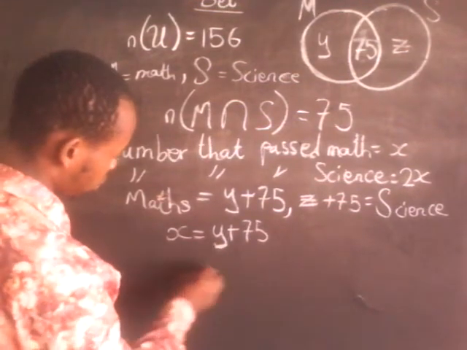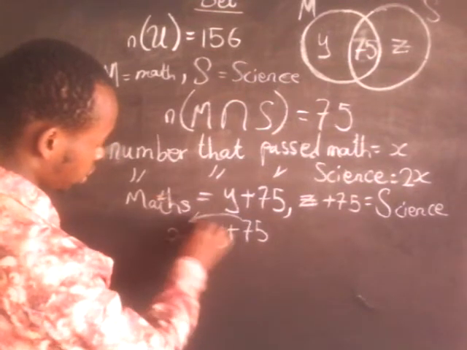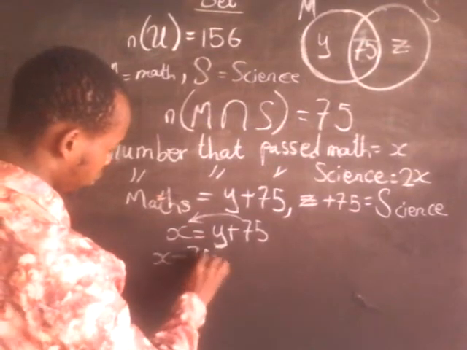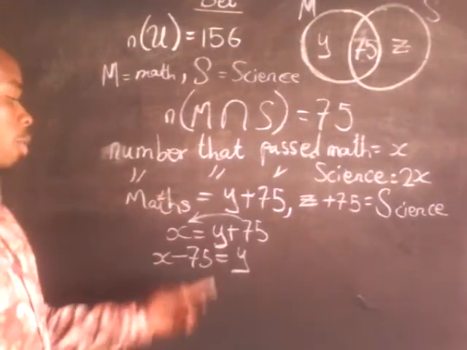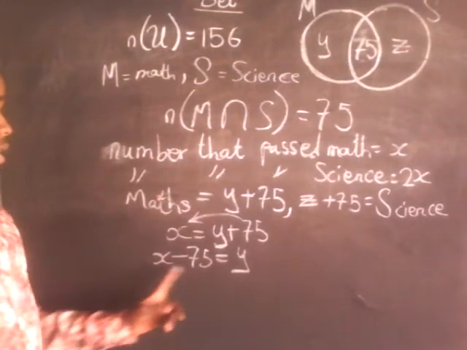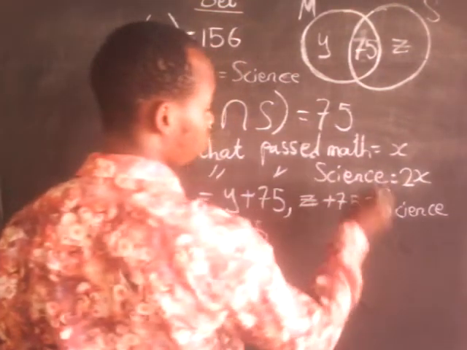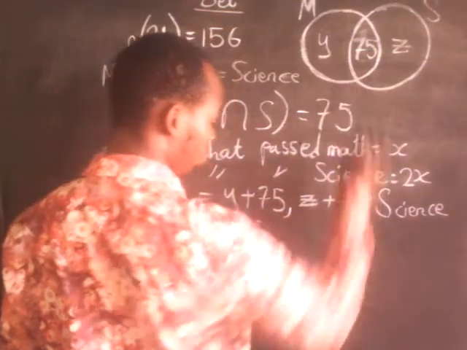If I take this over to this side, that will give x minus 75 equal to y. So the number of people that passed mathematics only is x minus 75. We do the same for here. The number of people that passed science only will be equal to z.